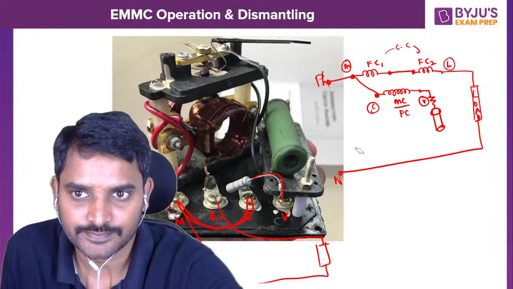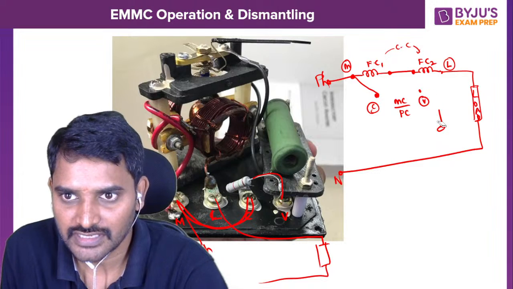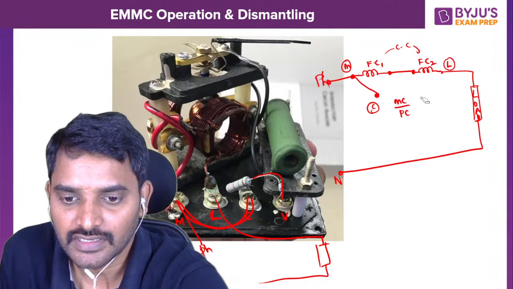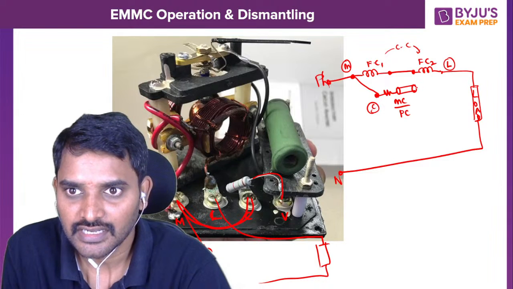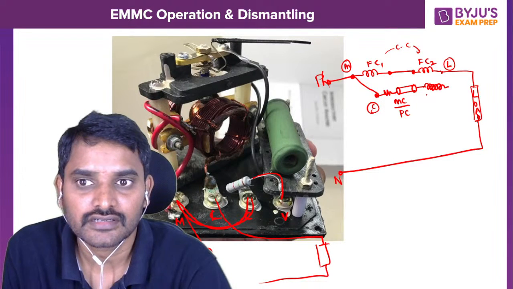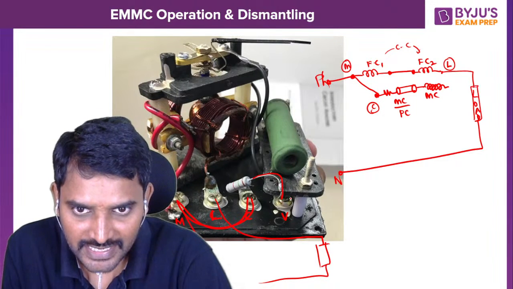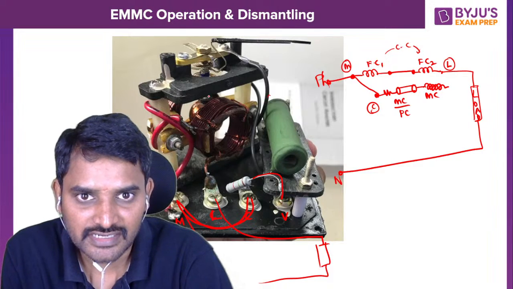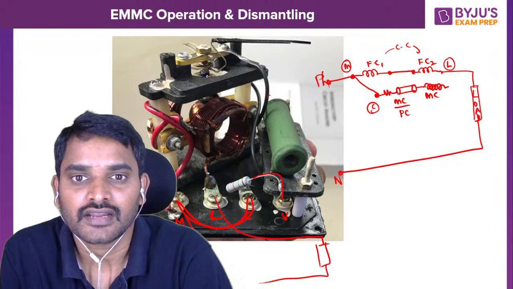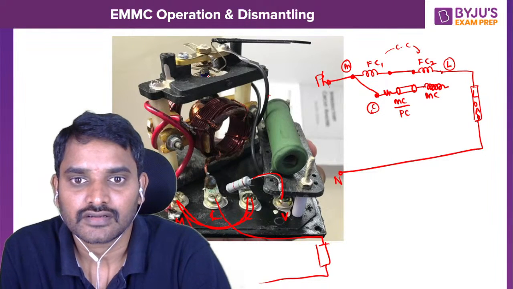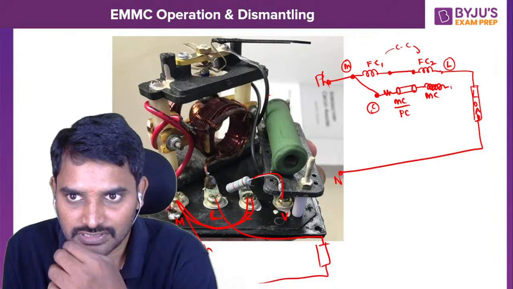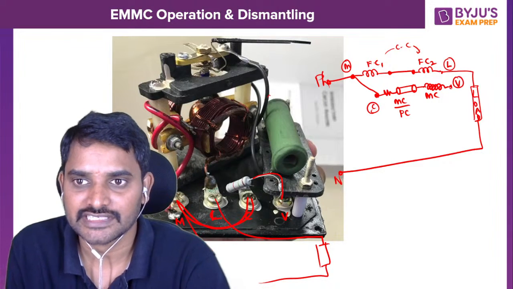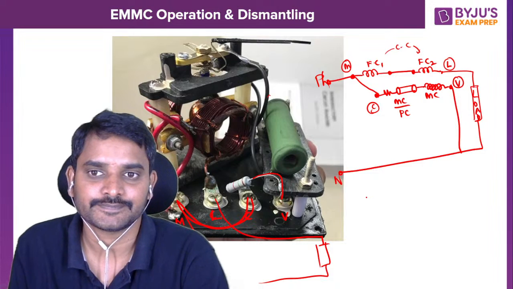Whatever we can see here, let me show you a resistor and a big element, and then I have a moving coil. So this entire connection is going to be on the other side here, right? It may not be clear in this view. So this is my finishing terminal of the moving coil, that is V, and it is connected here.